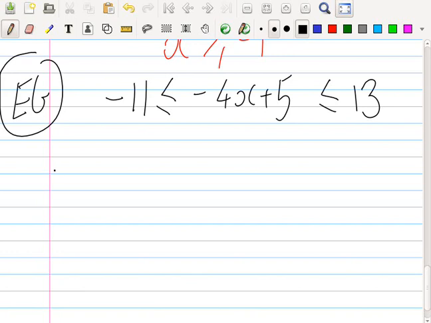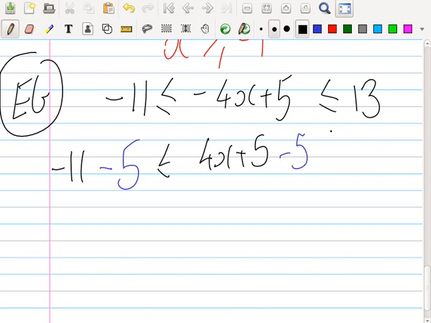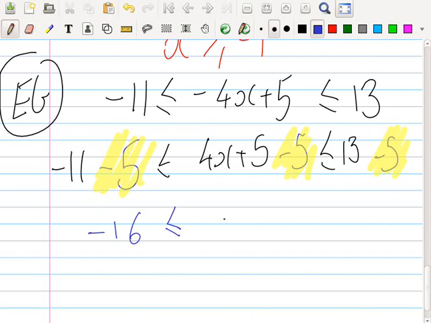So what I'll do first is I'll do a minus 5 on each of the 3 parts. So first thing was minus 5 goes on to all 3. So now I get minus 16 less than or equal to minus 4x less than or equal to 8.